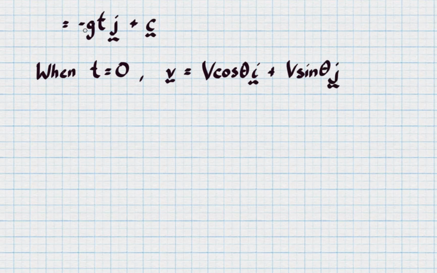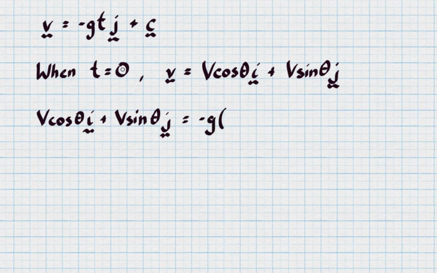So if we substitute those values back in here, remember this was velocity, we can say, all right, v cos theta i plus v sine theta j is equal to minus g times t, but what is t? It's 0, okay, plus our constant.